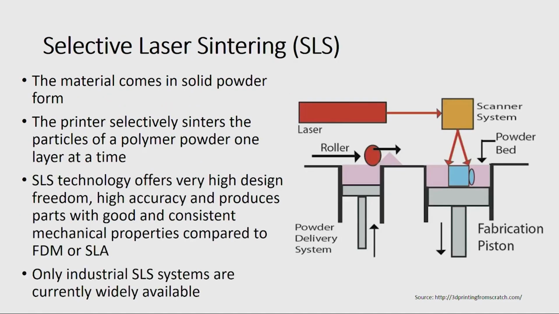Next is selective laser sintering, in short called SLS. The material comes in powder form, so it will be a solid powder. In the SLA stereolithography we discussed just before, the material comes in liquid form. Here in SLS, the material comes in powder form.